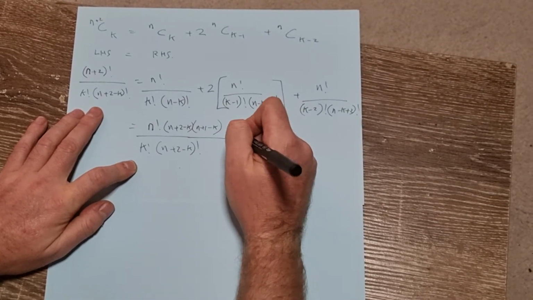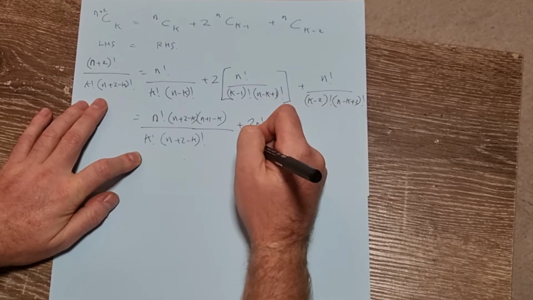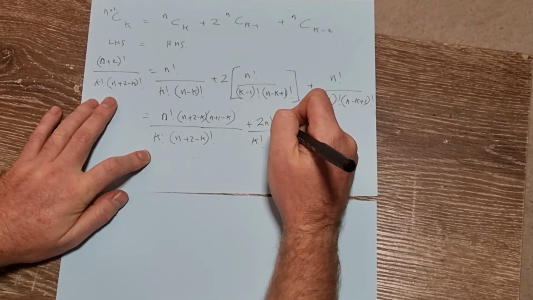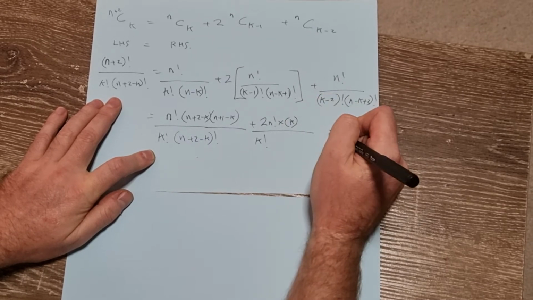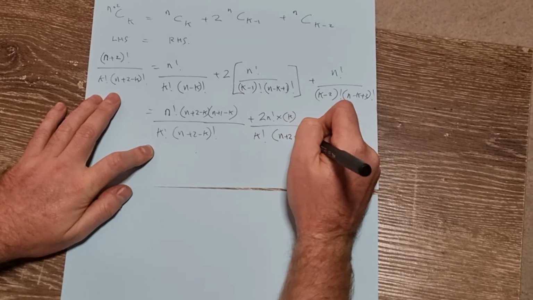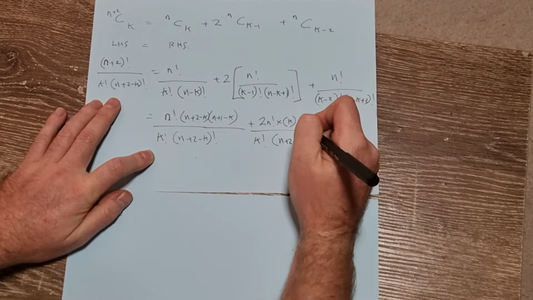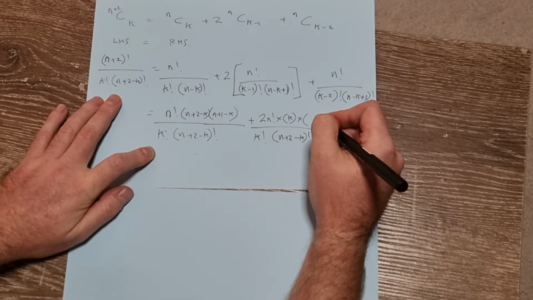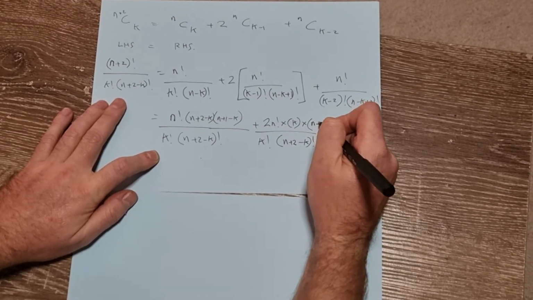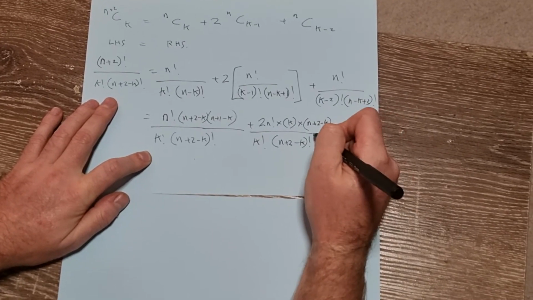Okay, so let's multiply the numerator. We need k factorial, which is here, so we're going to have to insert a k in the numerator, and we need (n plus 2 minus k) factorial in the denominator. So we need to insert in the numerator (n plus 2 minus k) for it to cancel.